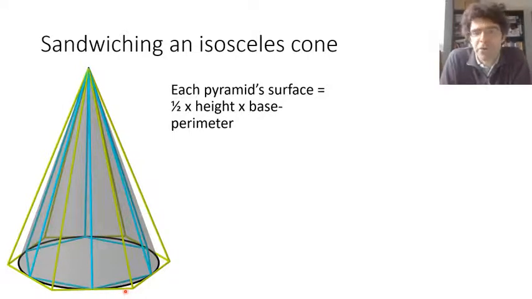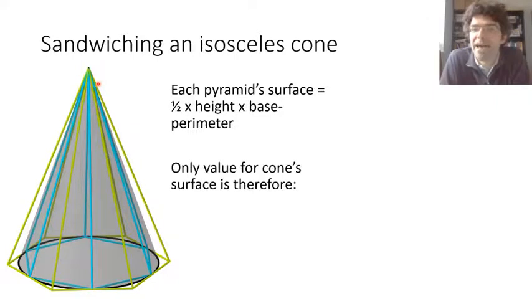And with a bit of care, just like we did before, we satisfy ourselves that the surface area of the cone really does lie between the surface area of the two pyramids. And then we say, well, if we use polygons with enough sides, we can make the area of the inner pyramid as close as we like to half times the side of the cone times the base circumference. It's going to be as close to that but below it.